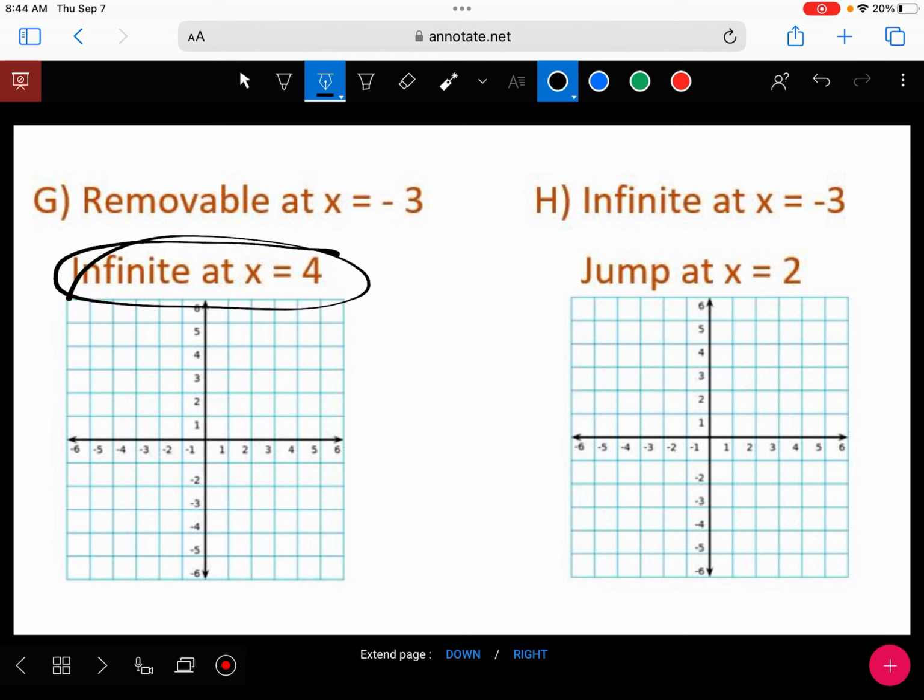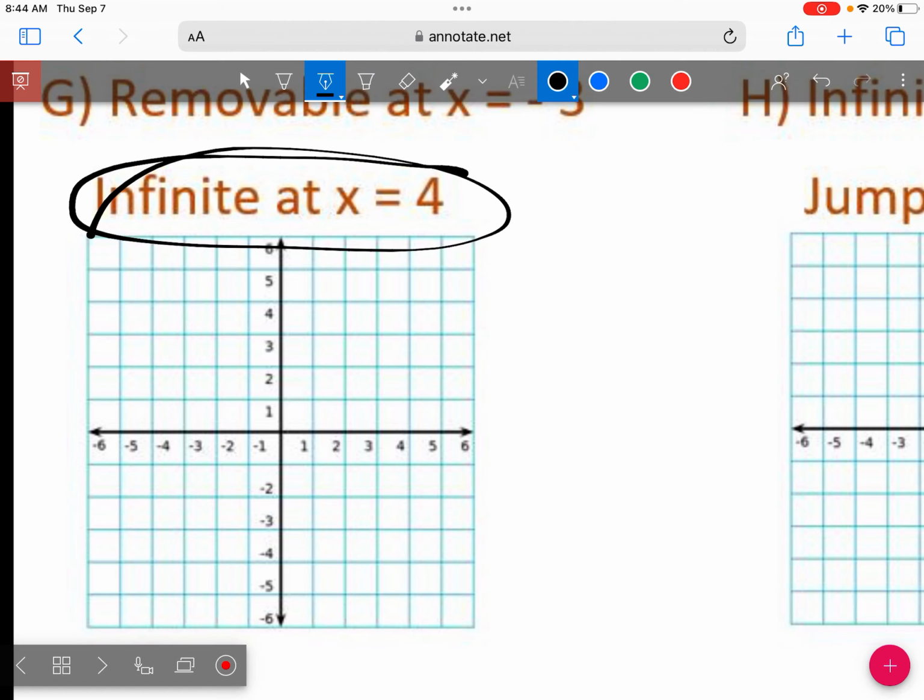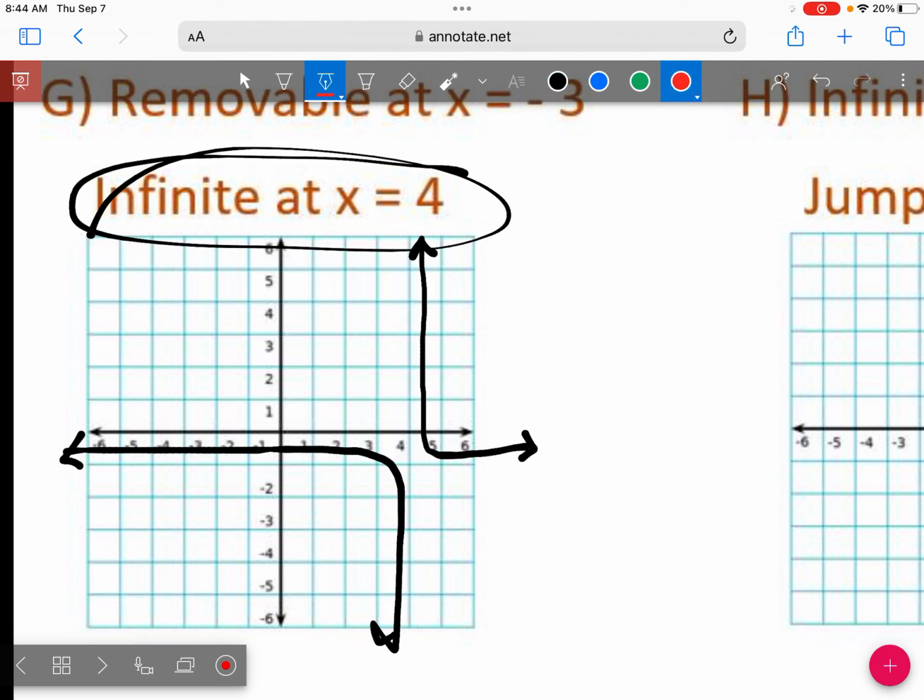Okay. Sorry, I'm running out of time. So for your infinite at 4, I'm going to draw my infinite at 4. So at 4, I'm just ignoring the fact that there is a removable right now. Just like that. Then I'm going to put a hole at -3.